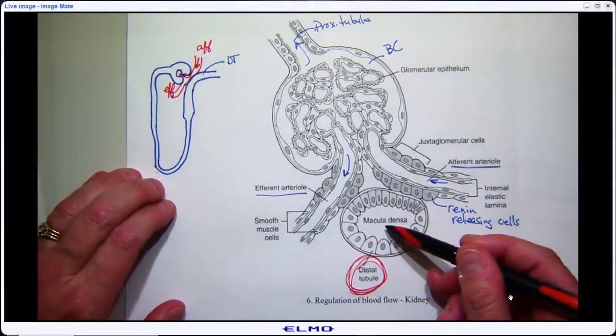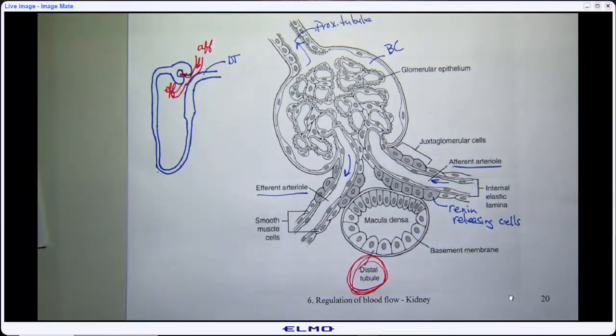Okay, so this is that part of the tubule curving back up to become in close proximity to afferent and efferent arterioles. Okay, so now what is in the tube is going to be able to influence what came into the tube. All right?